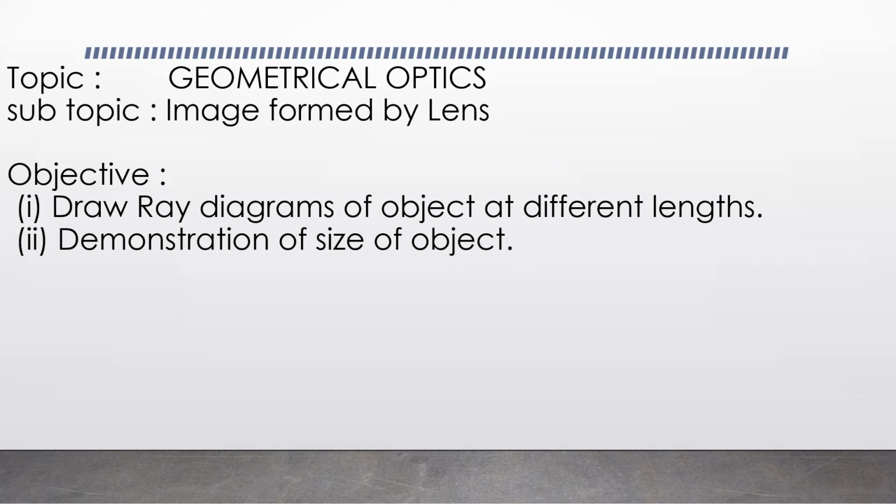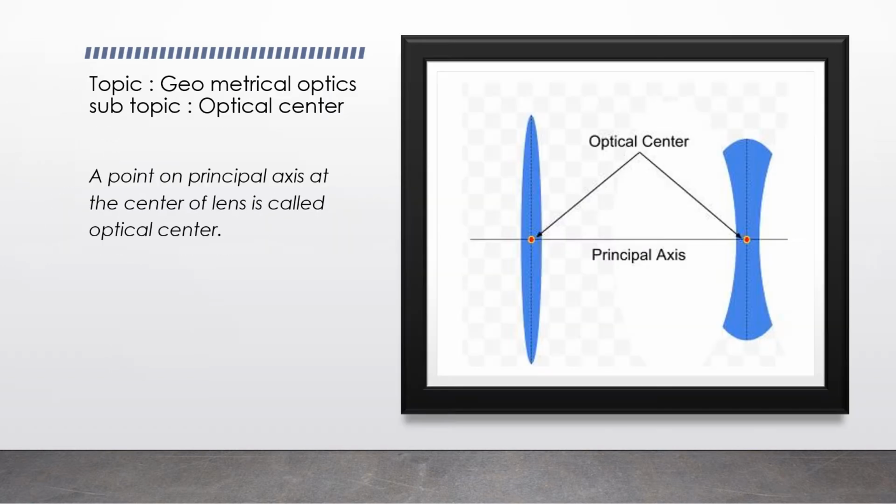So today we will have two basic aims. First, we will draw ray diagrams for the object at different distances, and then we will determine the size of an object. Before starting, I just want to go through some basic definitions.